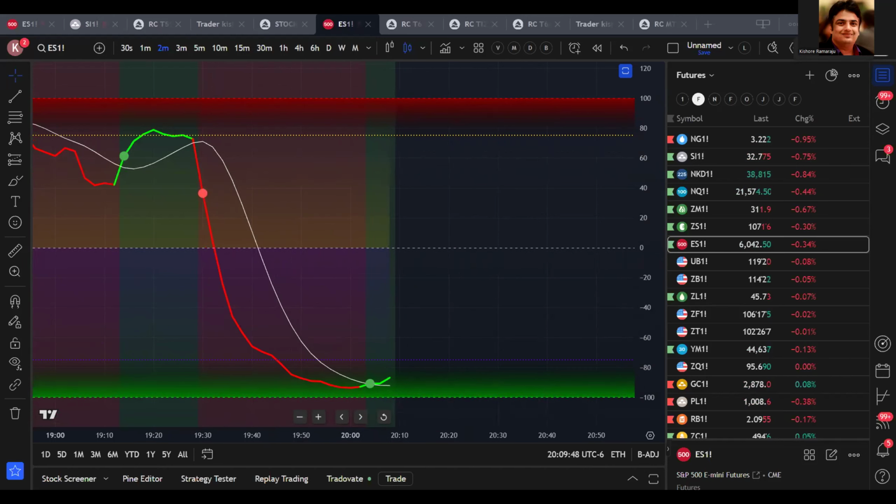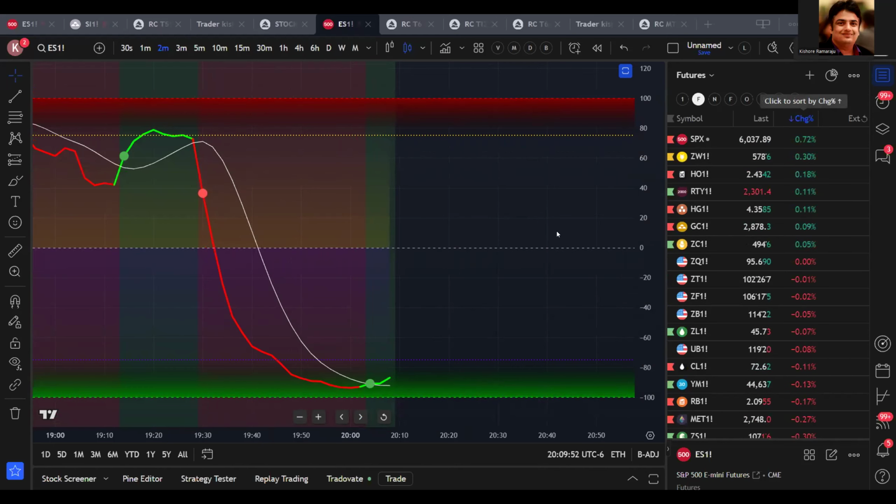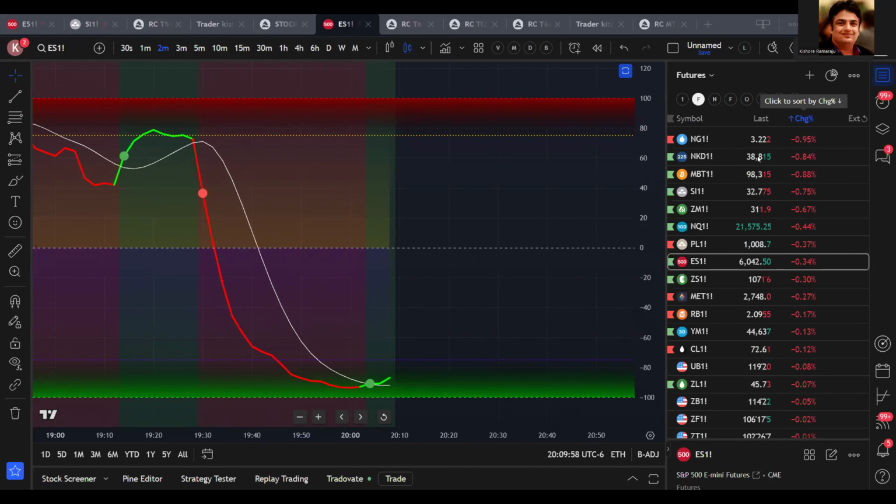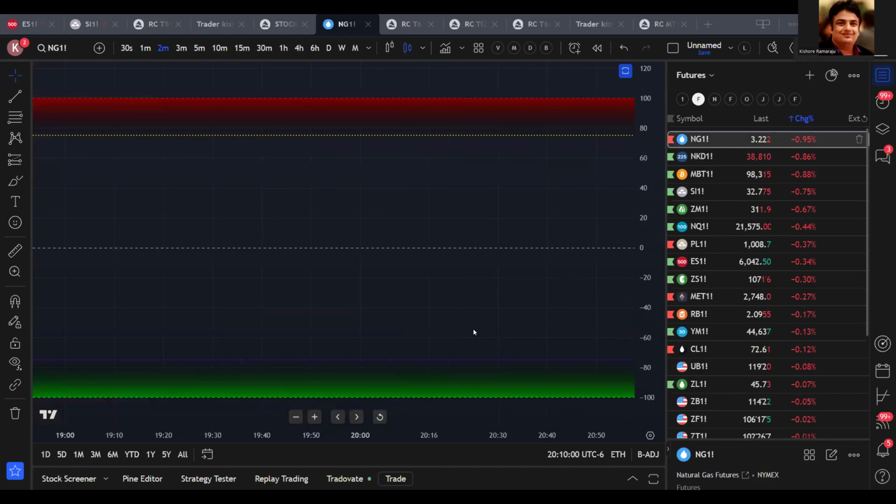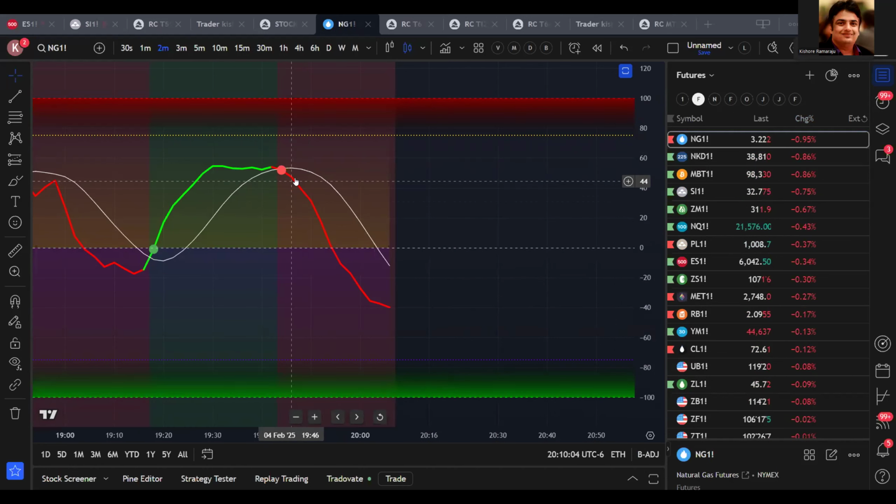So all you need is to go to each symbol and see if you have any setup like that, anything either dropping or going up. You can always sort by change percentage. Natural gas is looking bearish. It is dropping. Then let's go to NKD.